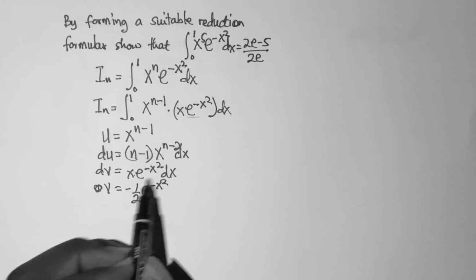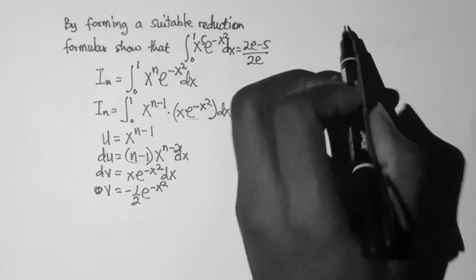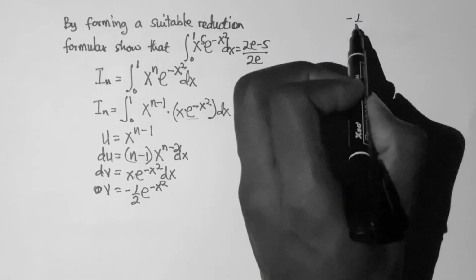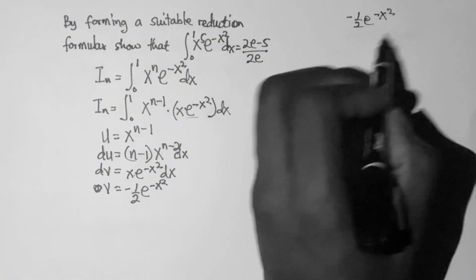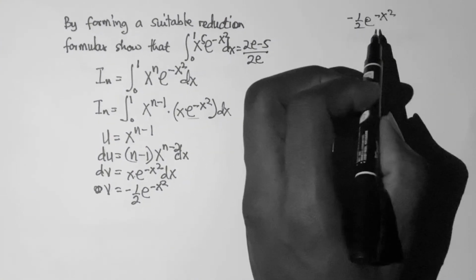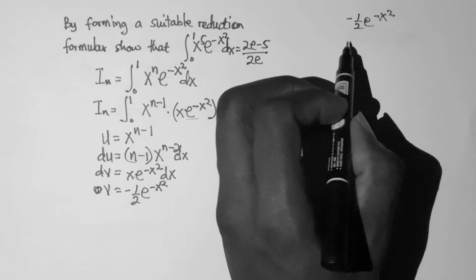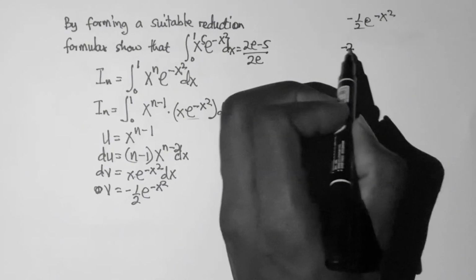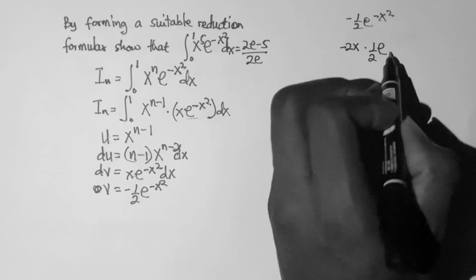Now let's verify whether this is true by differentiating. It's minus 1 over 2 e^(-x^2). To differentiate it, you first differentiate what is inside the exponent. If you differentiate minus x squared, you will get minus 2x, times 1 over 2 e.